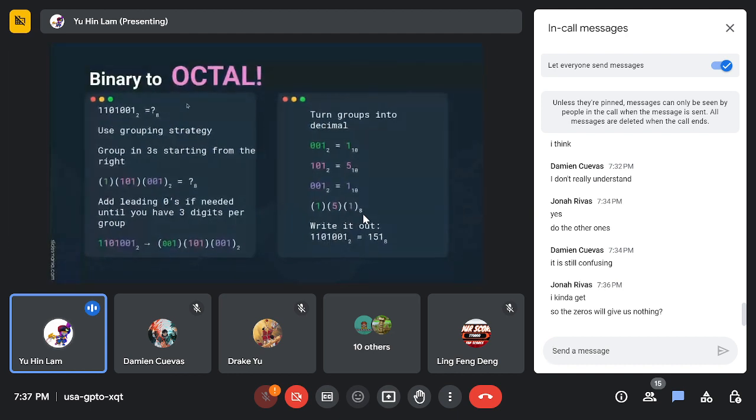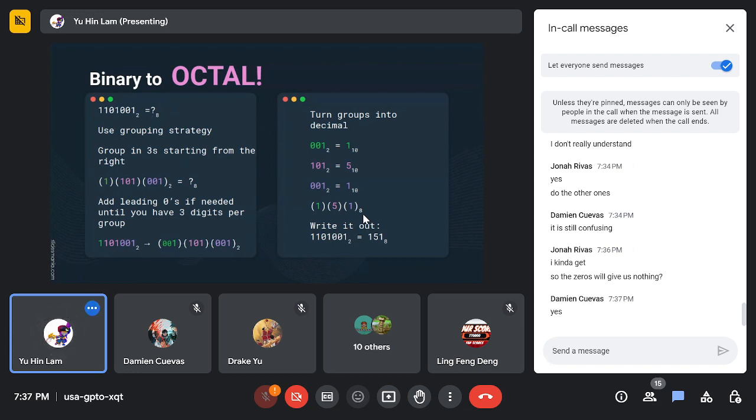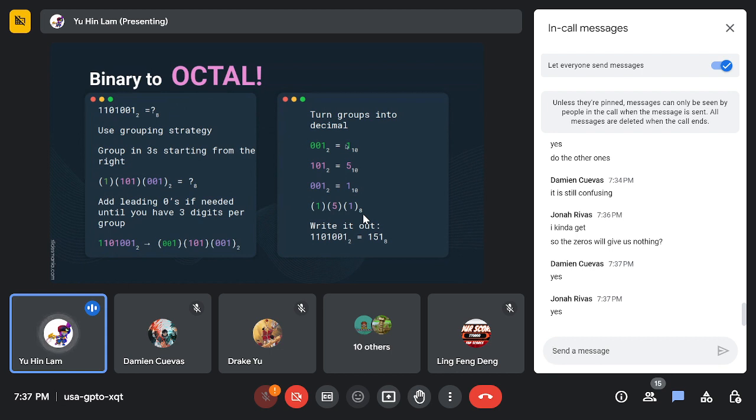All right, so does everyone get how to group the numbers? Yes. And then we also just went over how to convert the digits in our binary into decimals, correct? So everyone also understands that part?